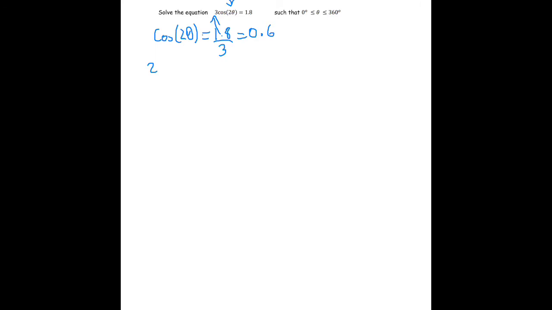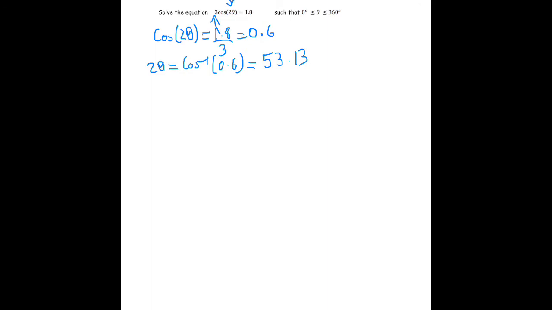So I actually now need to find 2 theta, which is my angle, and that's given by cos the minus 1 of 0.6, which apparently comes out as 53.13 degrees. Now that is a value for 2 theta.